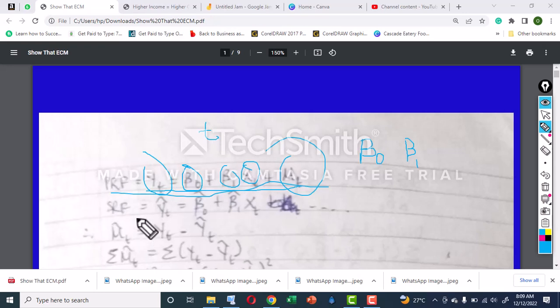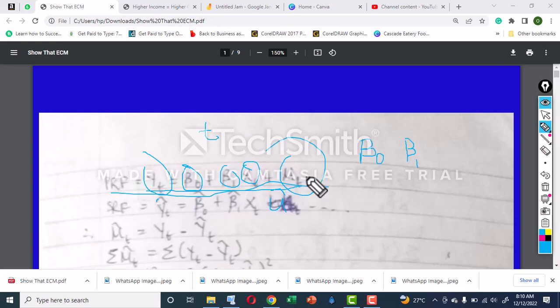Just put your t. So our sample regression function is the one that now carries the hat: Ŷt = β̂0 + β̂1Xt. The Xt does not have a hat, I just want you to take note of that. So it's only these ones that have hats. With this, remember that we don't have μ here, but we can also have an estimated error term.